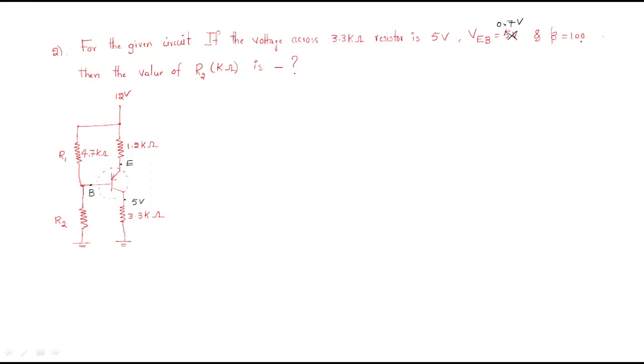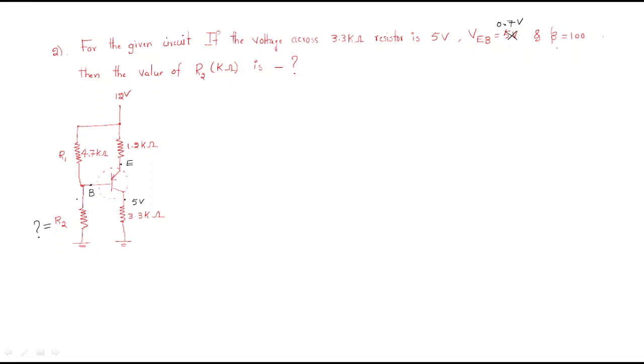Beta equals 100. The amplification factor beta is 100, is given. Then the value of R2 in kilo ohms. So he needs to find out the value of this R2. For that purpose, we need to find out this current, this voltage, and this resistor.